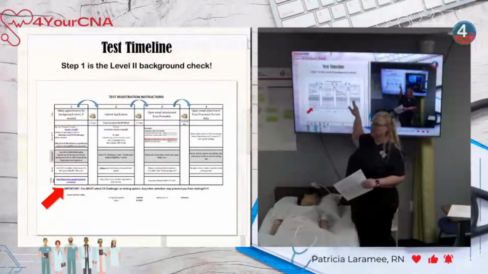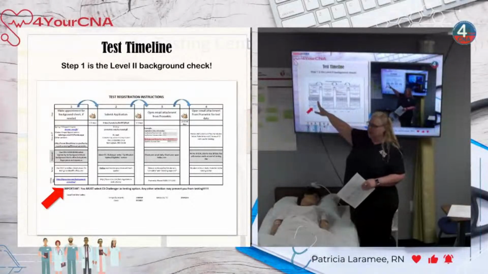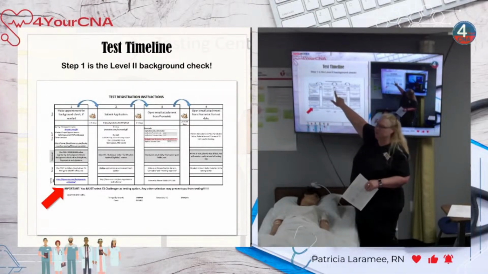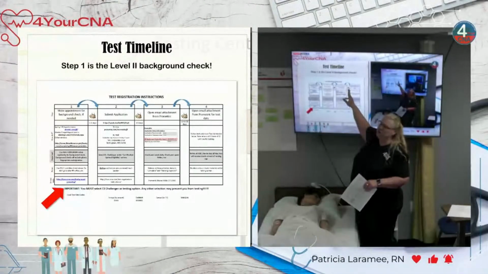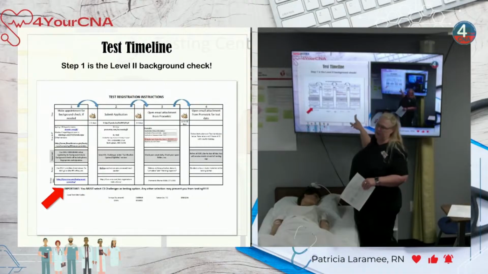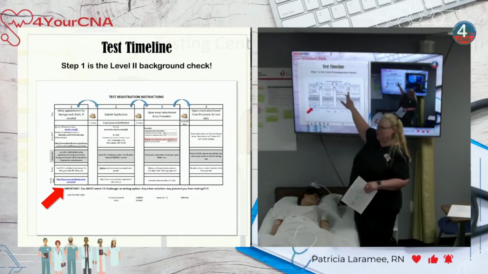This is our timeline. So we should go get our background check and 2 to 3 days later register for the test. Then about 1 to 3 days, we're going to get an email from Prometric. And then usually about 7 to 10 days, we're going to get another email from Prometric, but it can take up to 30.